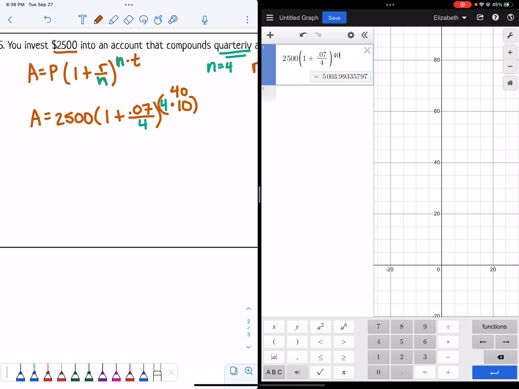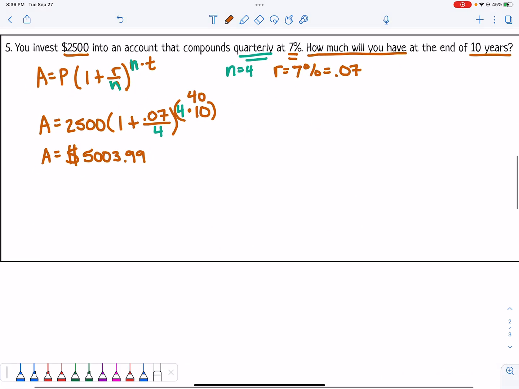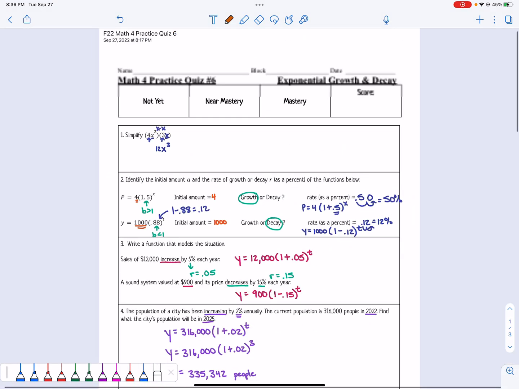So it's easier to go ahead and multiply those before you type it in. So A equals $5,003.99. Since we're talking about money, it's good to put the decimal to the hundredths place since that's the number that represents the change. Like cents. Okay, so that is it for practice quiz number 6.